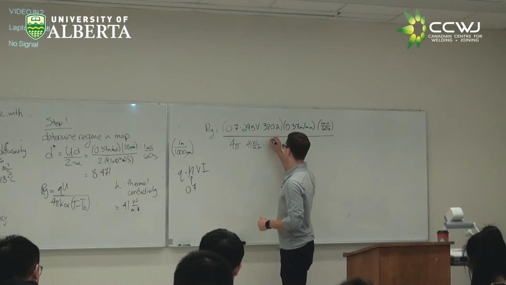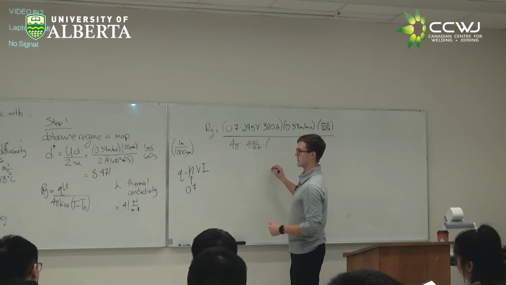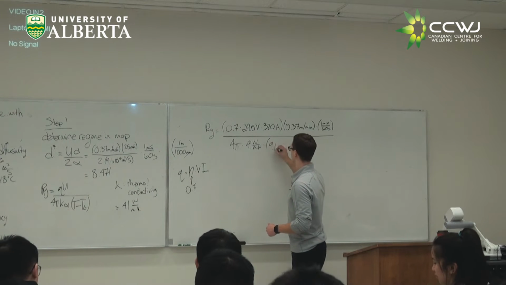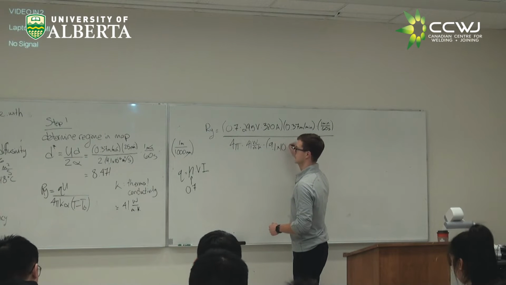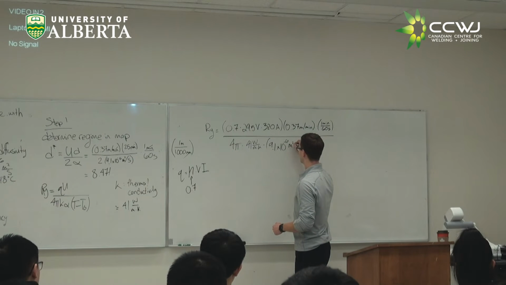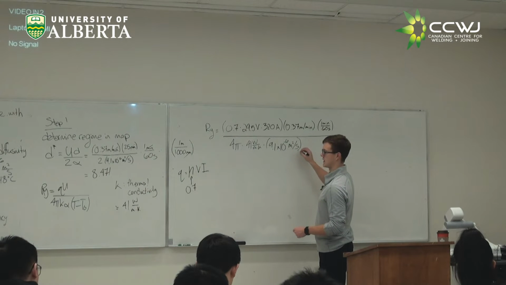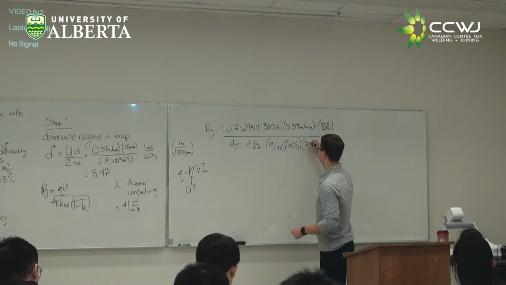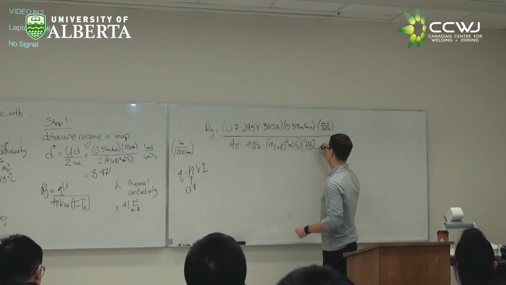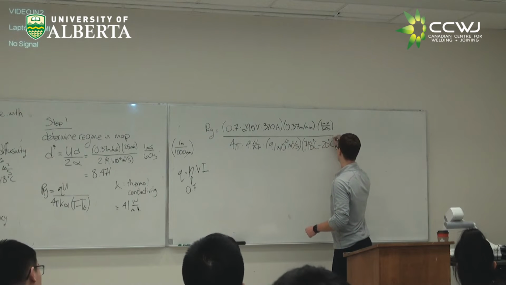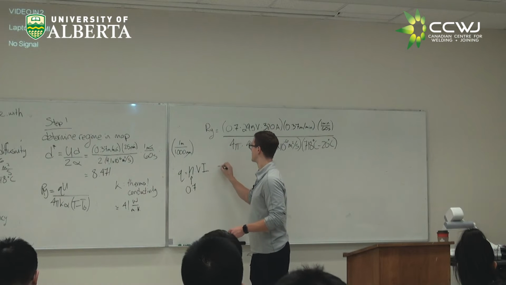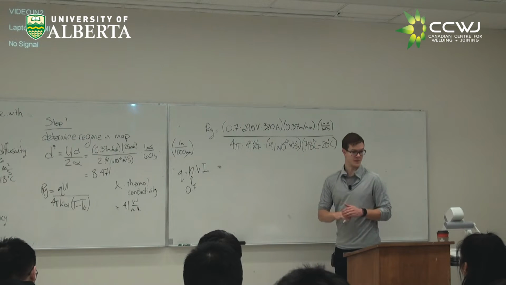So, if we now put in our alpha, 9.1 times 10 to the negative 6, and our temperature of 718 degrees C, we should get an answer.